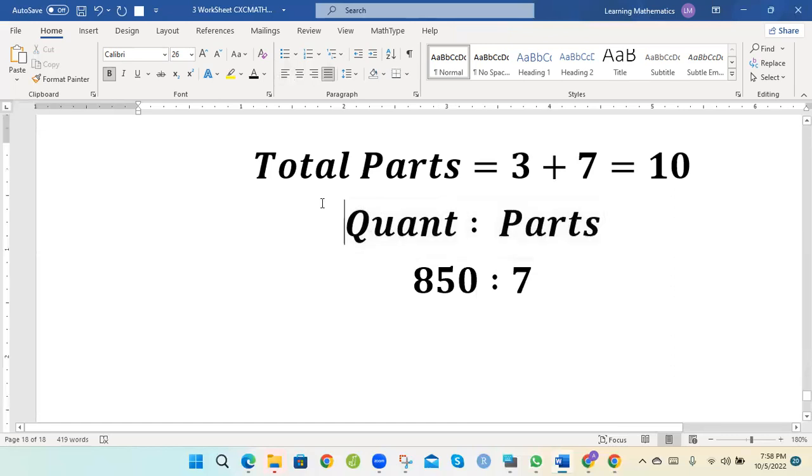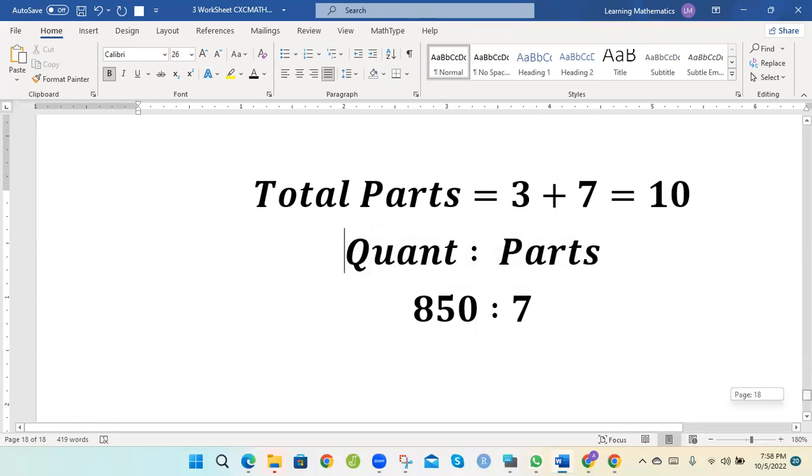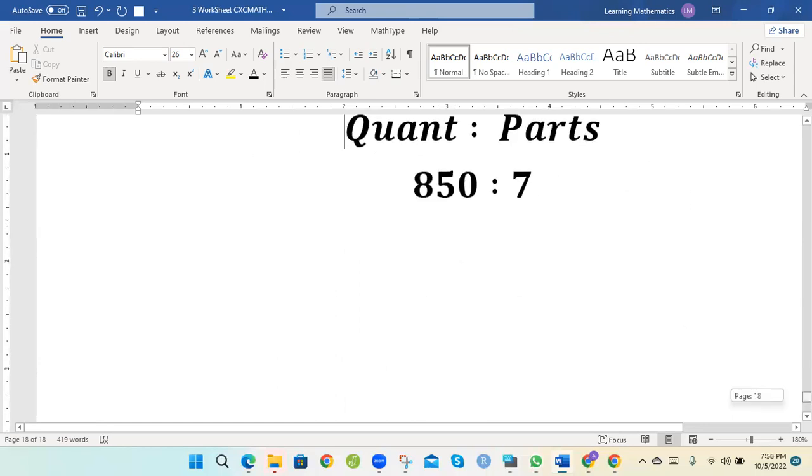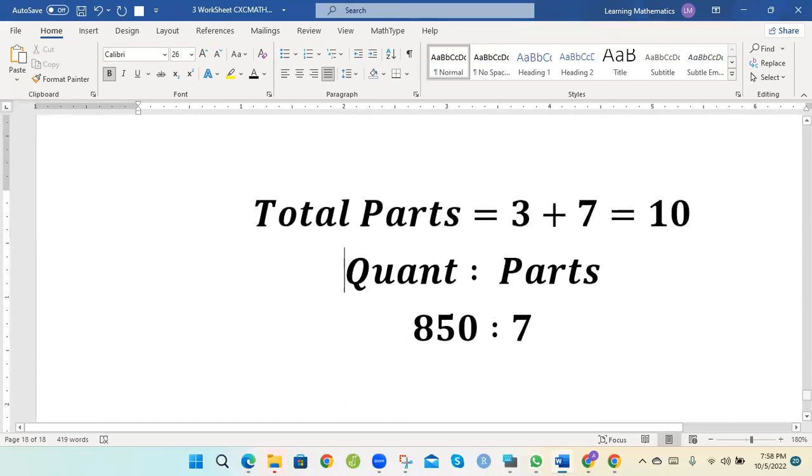Now, remember I said don't introduce any new number, but a very important number was created. What number am I referring to? 10. A very important number was created, which is 10. What is 10? 10 is what we are trying to find parts for.